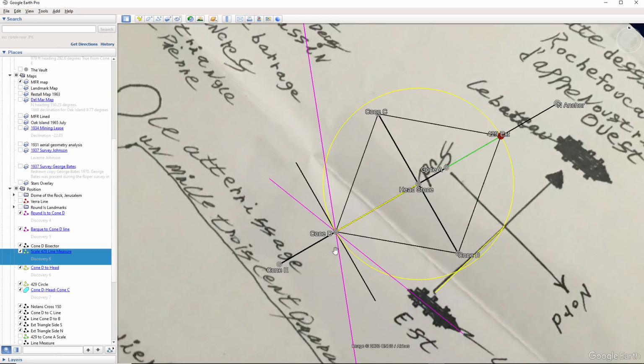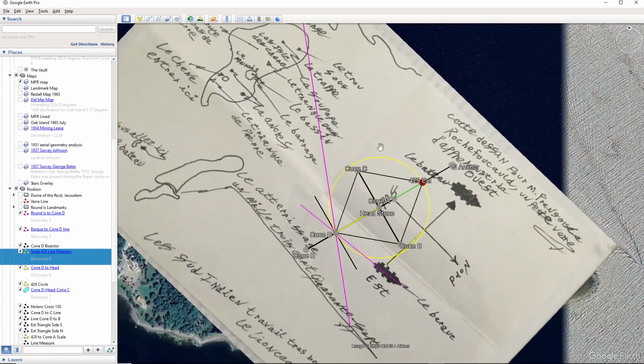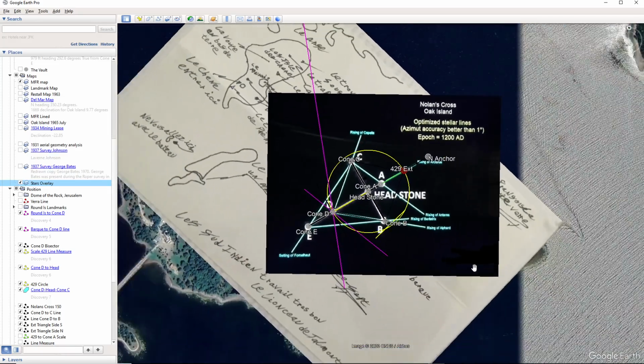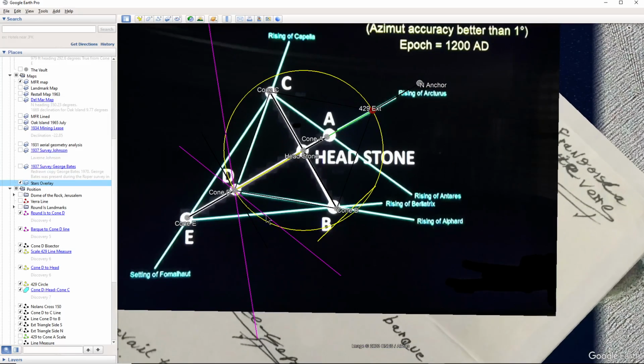So since cone D is the start of the Zena Halpern map, or the Oak Island map, and the information that was given to us by Gaspanni was that cone D was an alignment of those stars, the rising of Capella and the rising of Alphard, that basically tells me that this star alignment was the beginning.